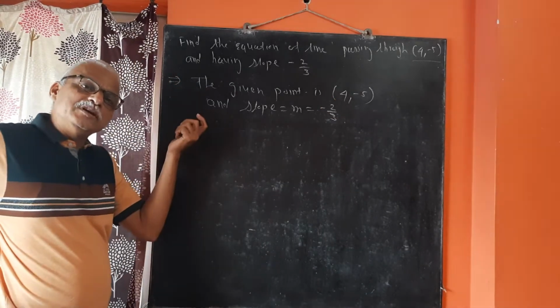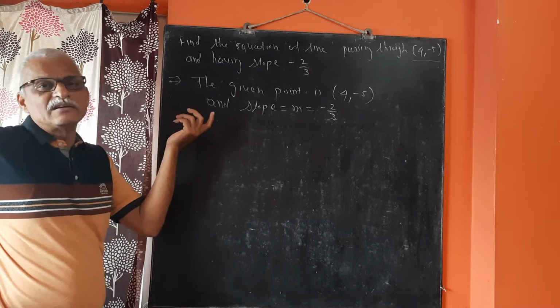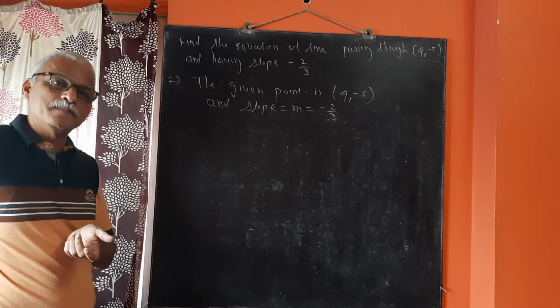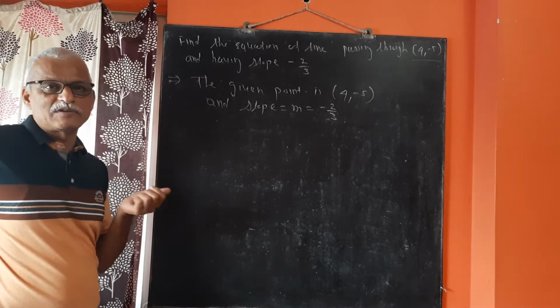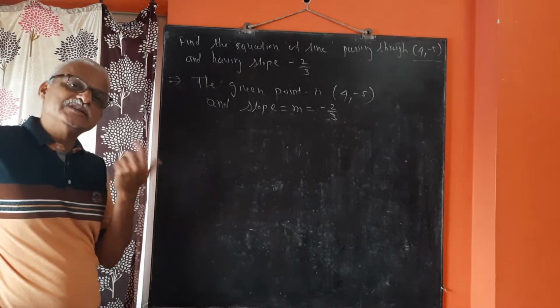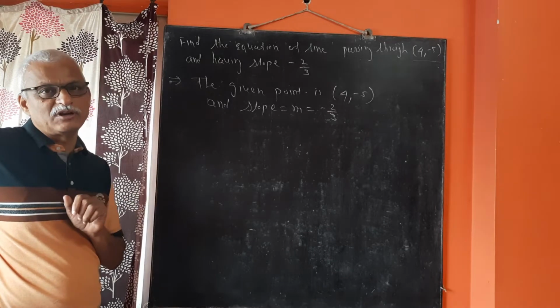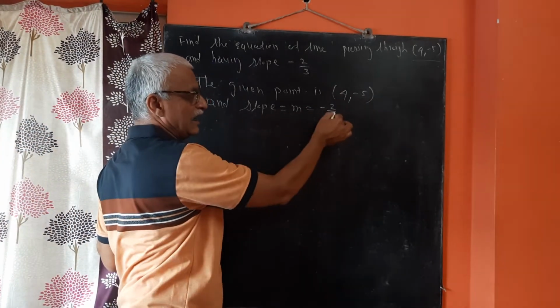Now to find out the equation of line, there are different combinations. If slope and y-intercept is given, you have to apply y equals mx plus c. If slope and point is given, you have to apply the slope point form, that means y minus y1 equals m into x minus x1. If 2 points are given, then you have to apply the 2 point form. If 2 intercepts are there, you have to apply the 2 intercept form. Now in this case, a point is there and slope is there.